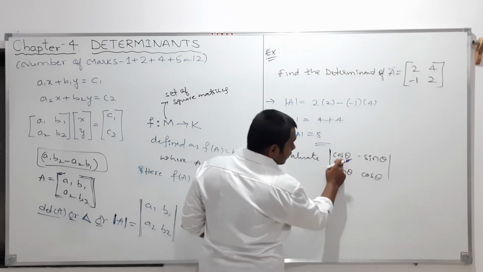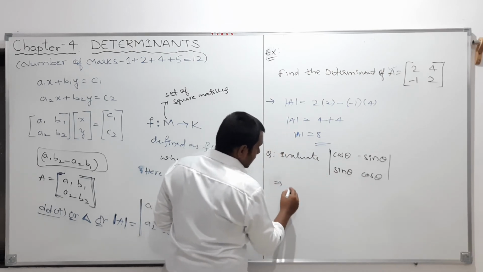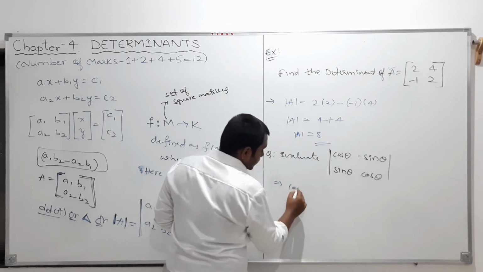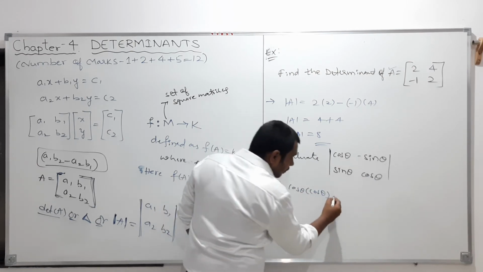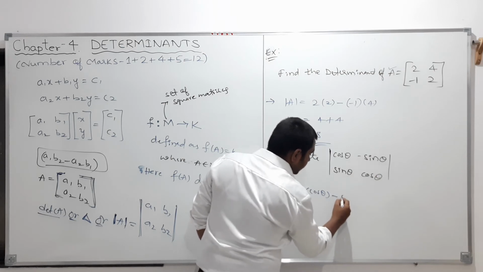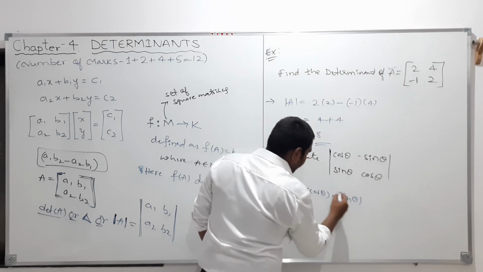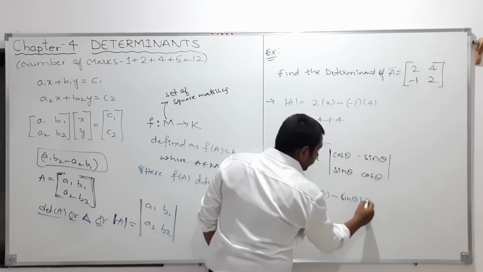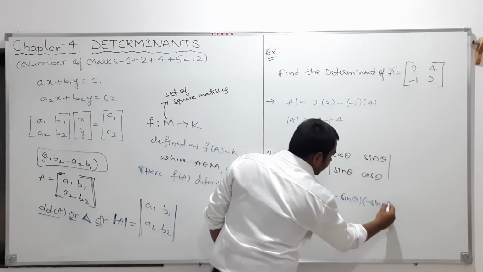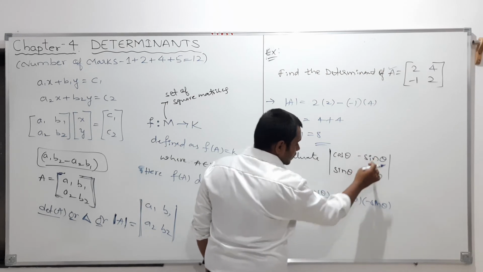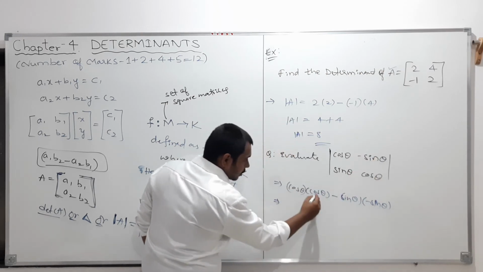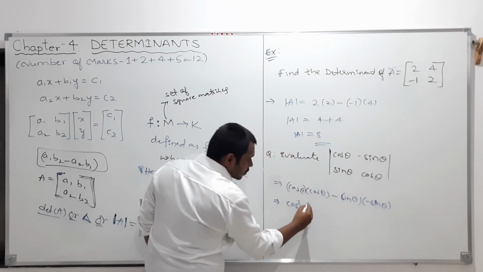So how to find the determinant? This element into this element: cos theta into cos theta. This element into this element minus of this element into this element: sin theta into minus sin theta. Clear? So cos theta into cos theta is cos square theta.